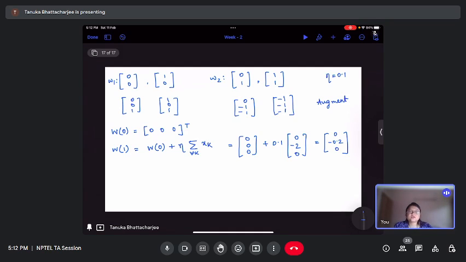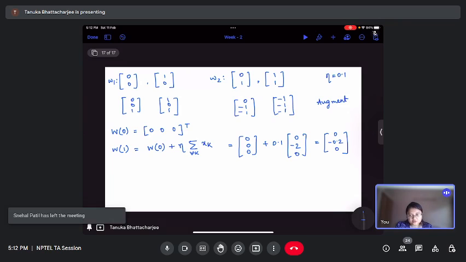Now, again you will take this updated weight vector and try to classify all the samples. You will compute W transpose X and check if it is greater than 0 or not. So, for the first sample it will be 0, the second sample also will be 0. So, both are not greater than 0.